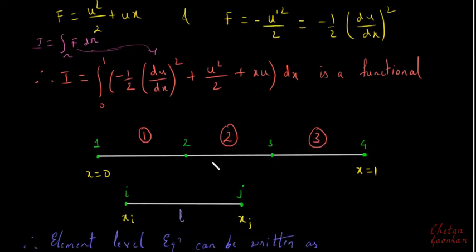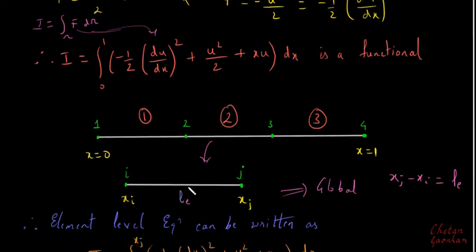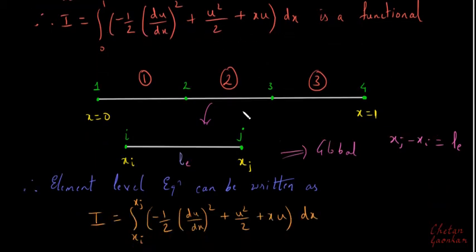If I consider one typical element in the global coordinate system, its coordinates are xi and xj, the general nodes are i and j, and let the length of the element be le, which is nothing but xj minus xi. This is le. And if I consider this as our typical element, then I can generate the element level equation from the obtained functional as this.